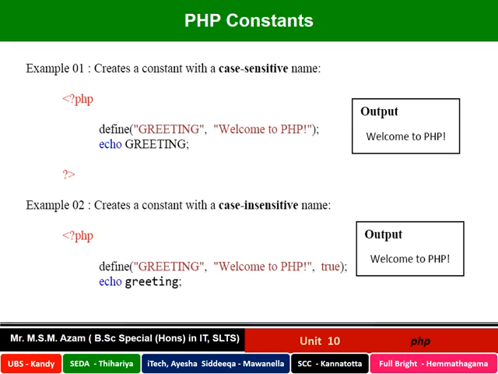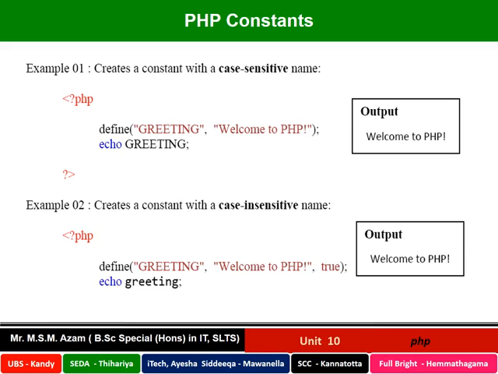That means we declare this constant as a case insensitive constant. The meaning of that is we declare the constant GREETING here, but it can be in capital form or simple form because we declare that constant with a case insensitive name. That's why the third argument is taken as true.